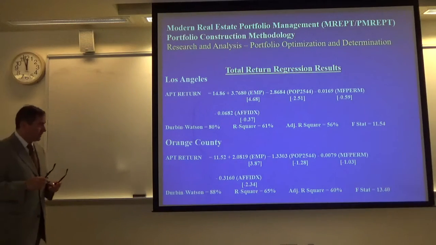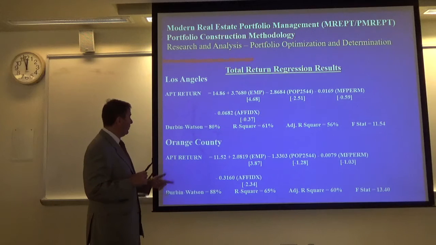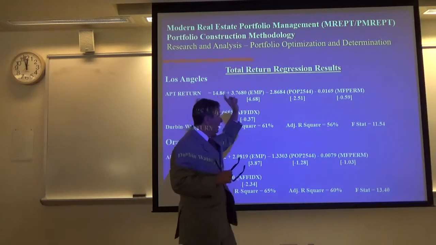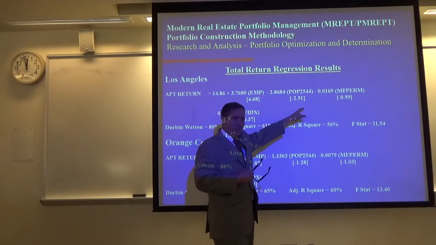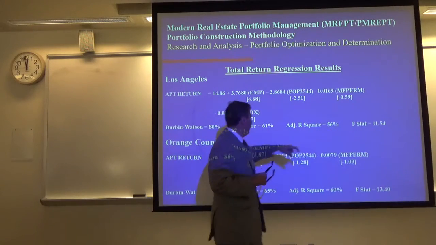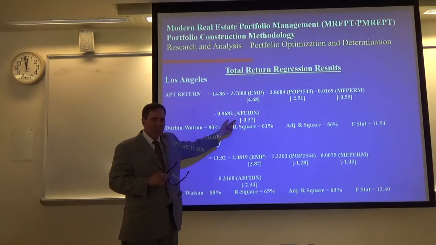Then we took those factors and ran the regressions for the individual markets, and we were able to forecast the dependent variable, which is the apartment returns. So we had employment, we had populations between 25 and 44 years old, that's the renter cohort. We had multifamily permits, and we had affordability, which is another proxy for supply, right?